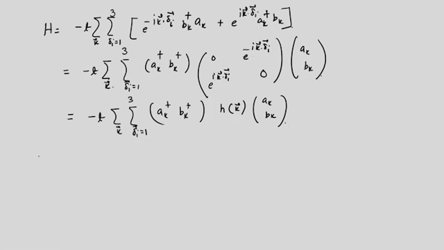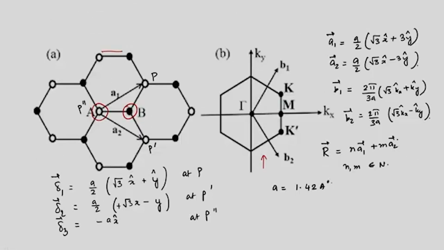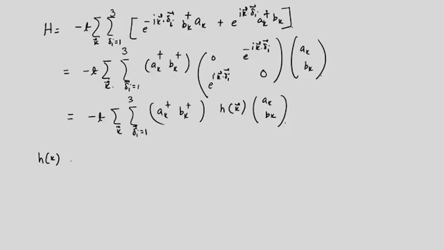And what is the form of h k? Now, h k involves a sum of 3 terms with the delta 1, delta 2 and delta 3 that we have mentioned earlier, which are written here. Okay. So, once you put that in, h k becomes a sum of 3 terms.